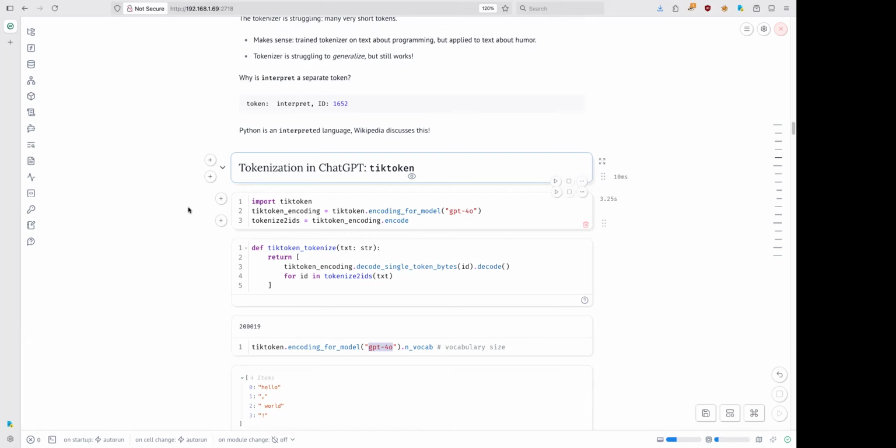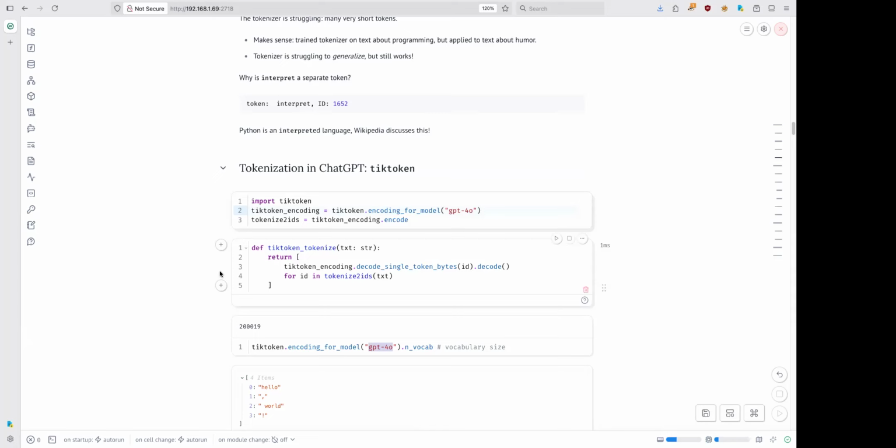This is actually the tokenizer that's used literally in ChatGPT. In particular, we see GPT-4o uses the tokenizer returned by this function. We can apply it immediately. We don't need to train anything. It's pre-trained by OpenAI. We'll talk about pre-training later.